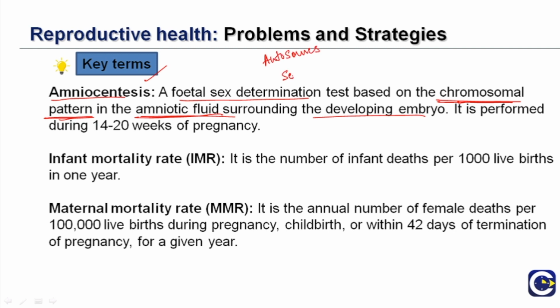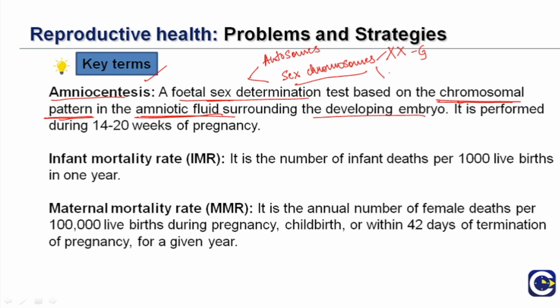as well as the sex chromosomes. And once we have the pattern of both the autosomes and the sex chromosomes, it can tell us the sex of the baby that is not even born. We all know that if the sex chromosomes are XX, it is a baby girl.